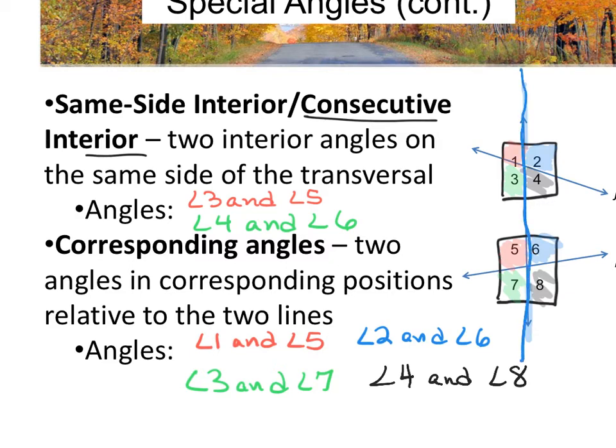And notice both red ones are on the left side of the transversal, and one is inside and one is outside, or it jumps over an angle. Same thing for the green. They're on the same side of the transversal, to the left. One is inside, one's outside. Now they can't be adjacent, so you couldn't say 5 and 7. They have to be non-adjacent.